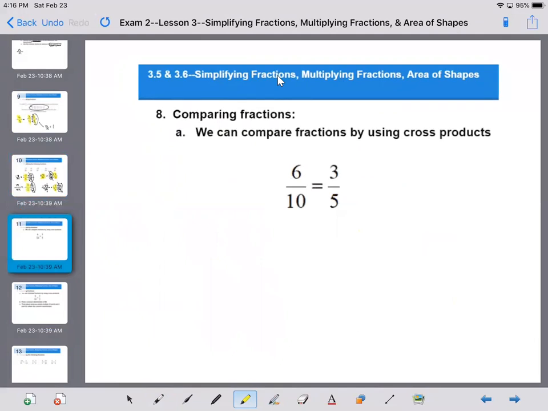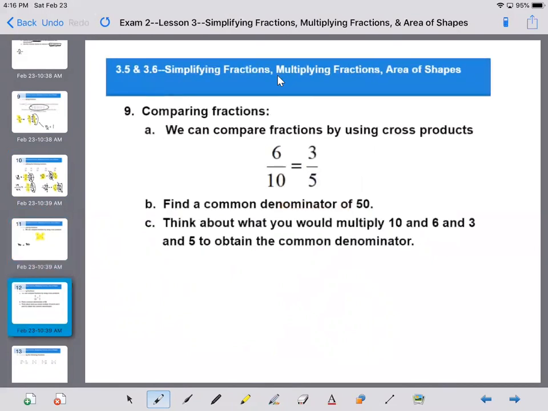We can also compare fractions by using cross products. So this 6 times 5, which is 30, is equal to this 10 times 3, which is also 30, which means that these are equivalent. So let's say that we found a common denominator of 50.